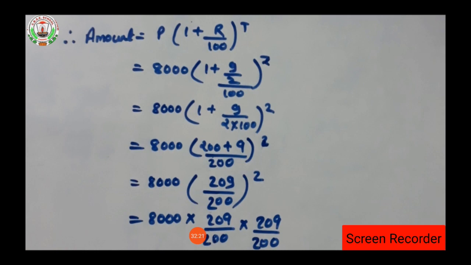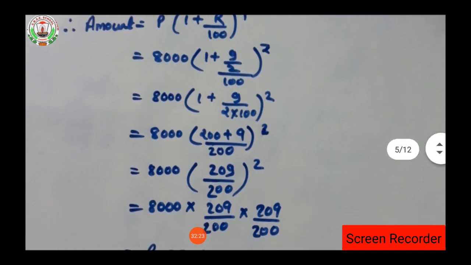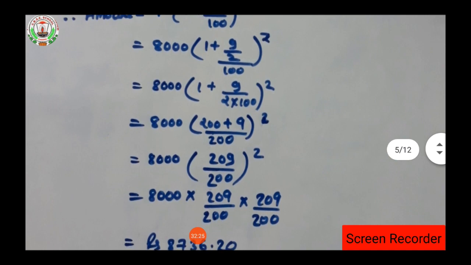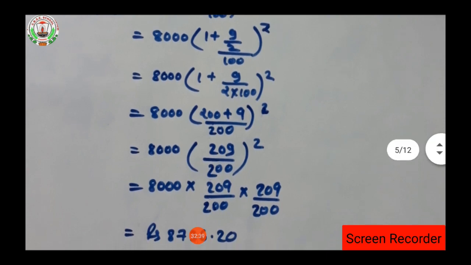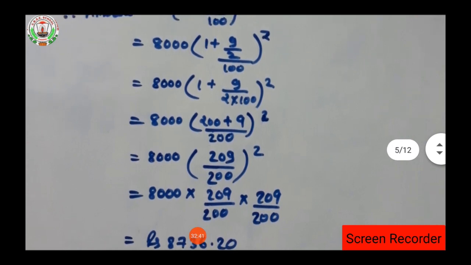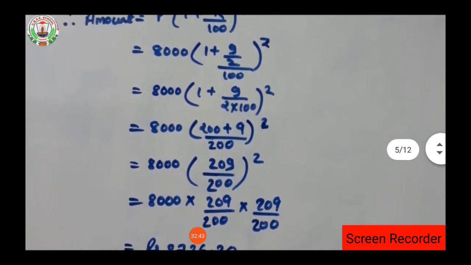Now as the power is 2, how many times do we have to write 209 upon 200? That is 2 times. So what equation do we have? That is 8,000 into 209 upon 200 into 209 upon 200. Okay, so solve it. How to solve it? First we cancel all the zeros.